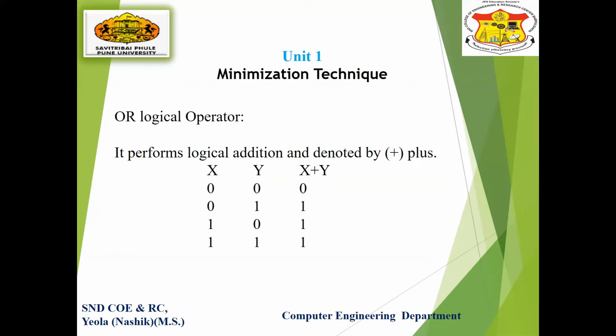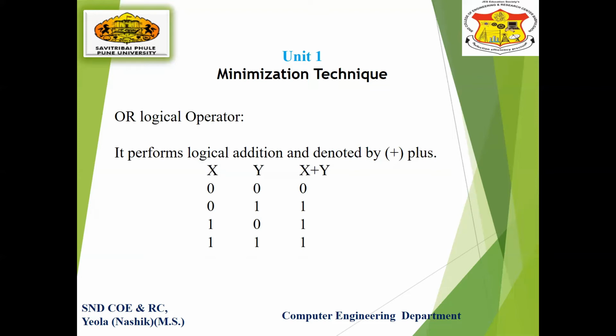We cannot say it is addition, because when you go for binary addition or binary subtraction, some other concept arises. Suppose we have 1 plus 1, or we add two binary data 1 1, then the binary addition output should be 0 and the carry will be 1.